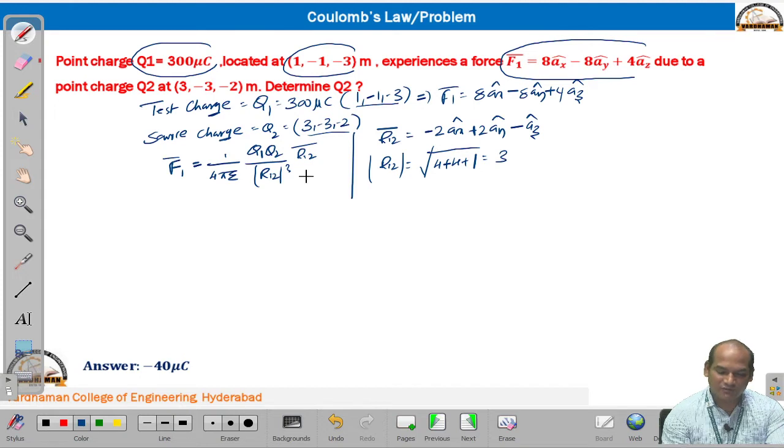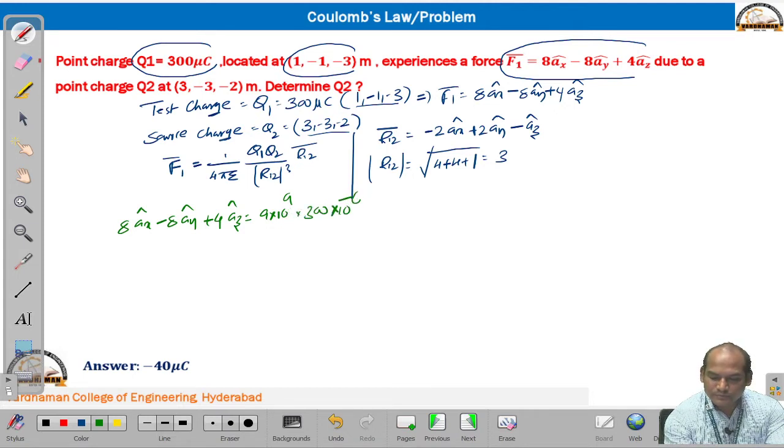Now, substitute in this particular formula. F1 bar, already they have given, that is 8 ax cap minus 8 ay cap plus 4 az cap, is equal to 1 by 4 pi epsilon, which is nothing but 9 into 10 power 9, times Q1, 300 microcoulomb, and Q2, that is what we have to calculate, by magnitude of R12 cube, which is nothing but 3 cube, that is 3 into 3 into 3, and R12 bar is minus 2 ax cap plus 2 ay cap minus az cap.